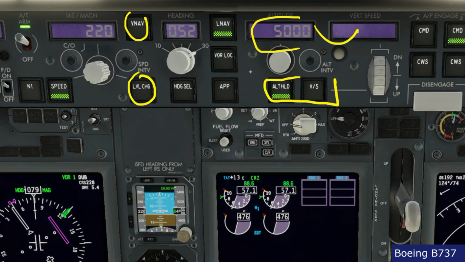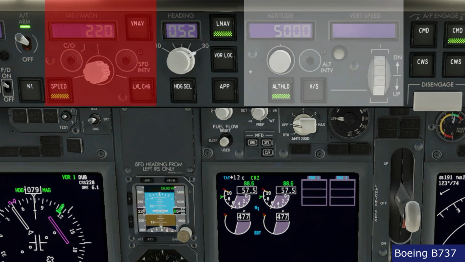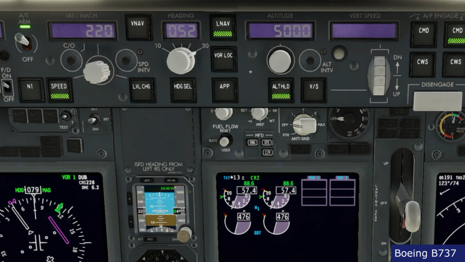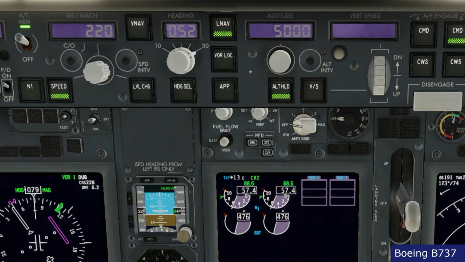This further enhances the concept that if the autopilot takes care of the vertical profile, you have to think about the speed, or the auto throttle has to think about the speed. If you have the autopilot taking care of the speed, then it's you or any other system that has to take care of the vertical profile.